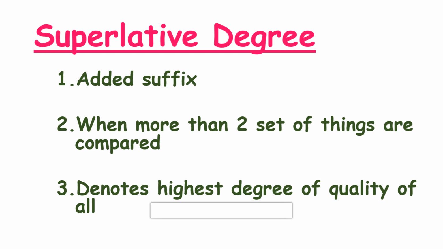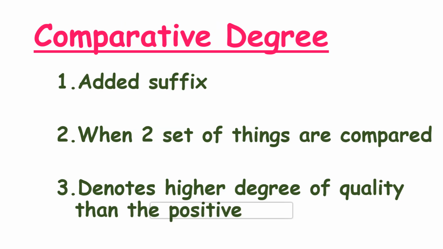For example, as I've already given you the example in the positive degree, Rama's mango is sweet. In that particular example, you can see the adjective sweet only tells that Rama's mango has the quality of sweetness, and there is no comparison, without saying how much of this quality it has. But in the second sentence, in the comparative degree, as I've already told you, two sets of things or two things are compared.